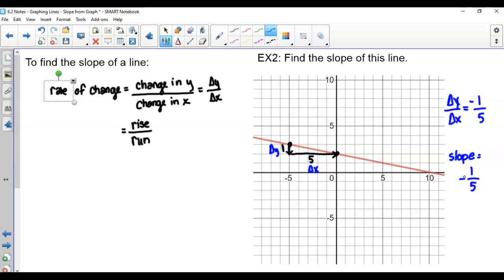Now technically you can put that negative in the numerator or the denominator. Don't put it in both places. It's most common to see it written out in front of the fraction here. So wait till you get to the end, or you could have decided at the very beginning this graph has to have a negative slope. Don't worry about the signs in your changes, change of y and change of x.